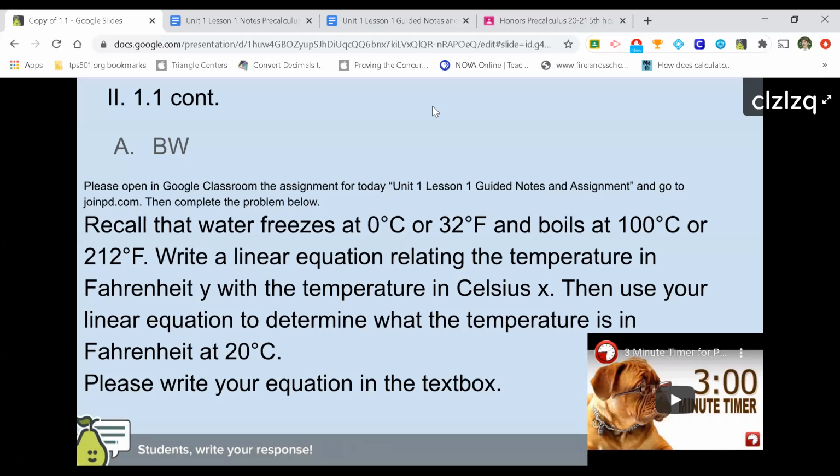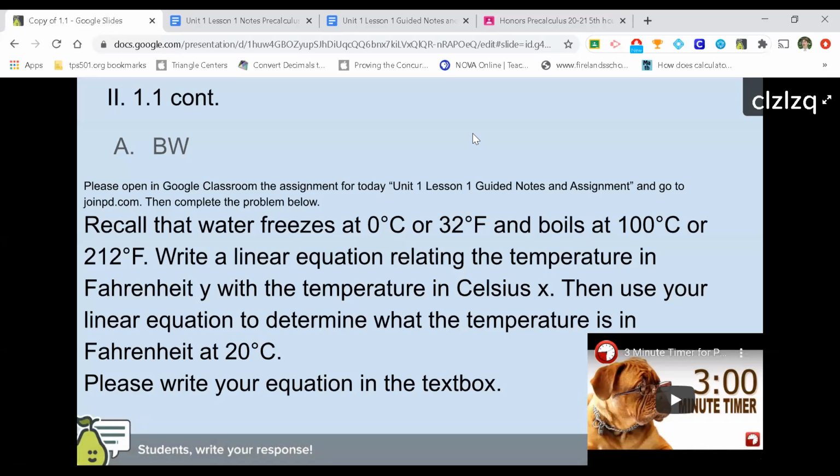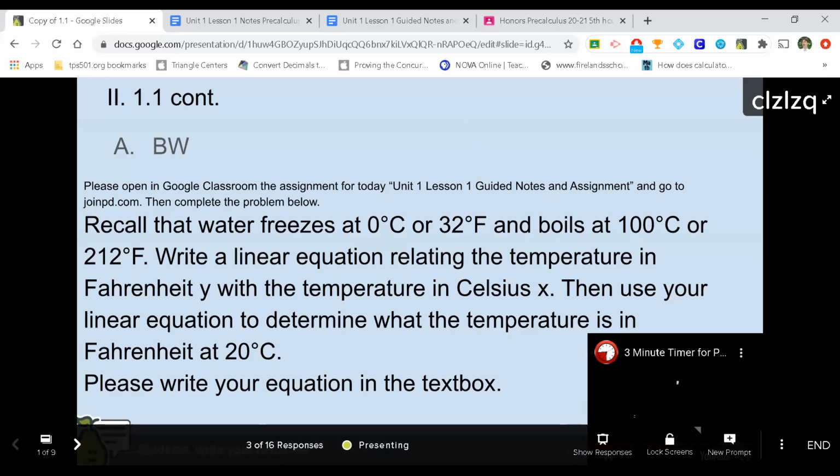So using like the Celsius as the x value of a coordinate and Fahrenheit as the y value of a coordinate, you should be able to make two ordered pairs, which will give you one of the points you need. And then you should be able to tell me the slope between those 2 points using your slope formula. I'll give you, it says 3 minutes. We'll see. We might need more time on that.